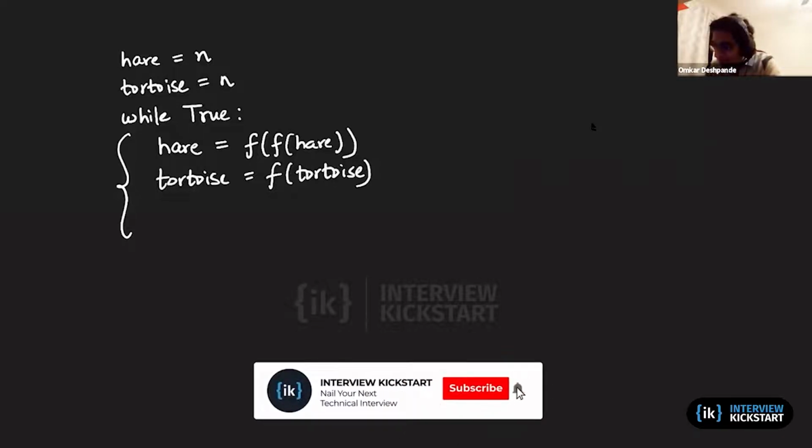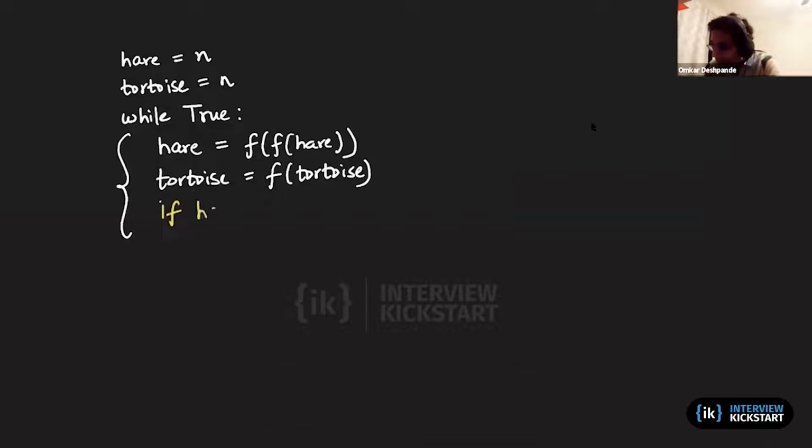This is a mathematical sequence, so there's no location here, we're talking about the plain values of the numbers. If it's 1, then it's a happy number, otherwise it's a sad number. So we can just return whether either of their values is equal to 1.